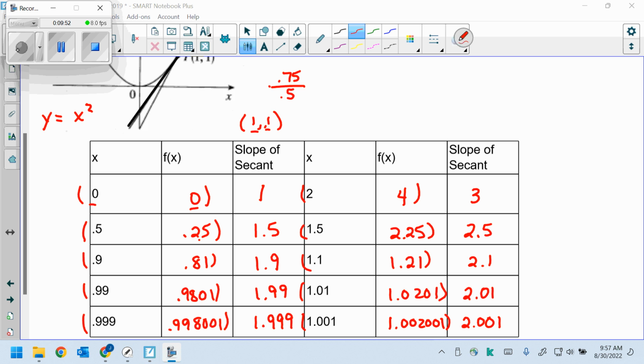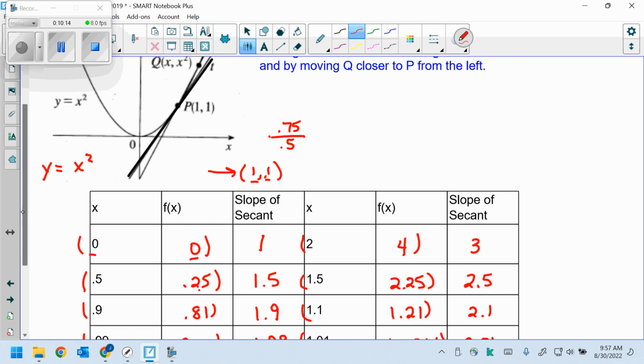All right, those are the slopes that I came up with. These are all slopes of secants because it's always the slope between 2 points. This point and, for example, this point down here. Now, of all of these slopes, we got to come up with the slope of the tangent line.